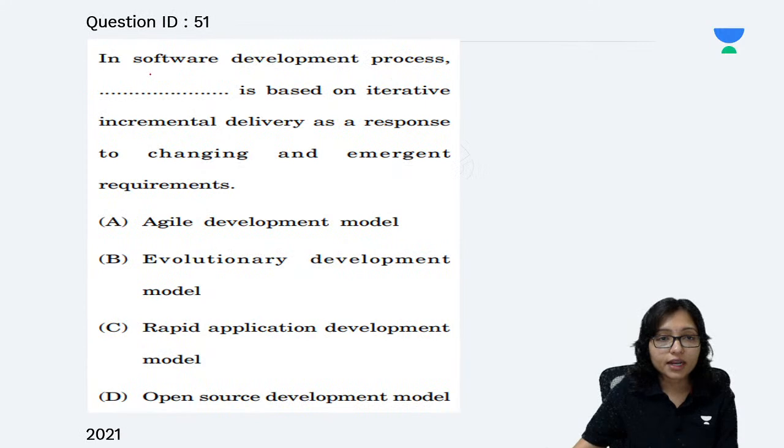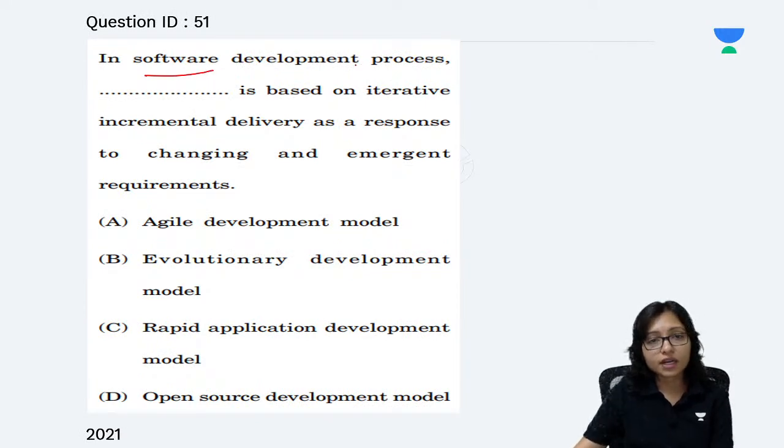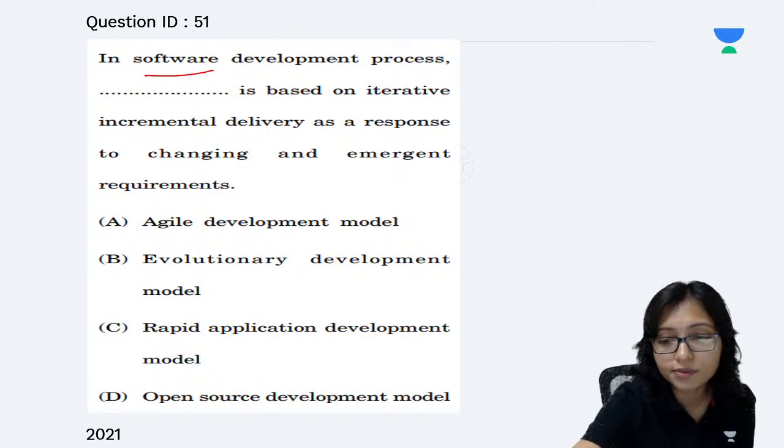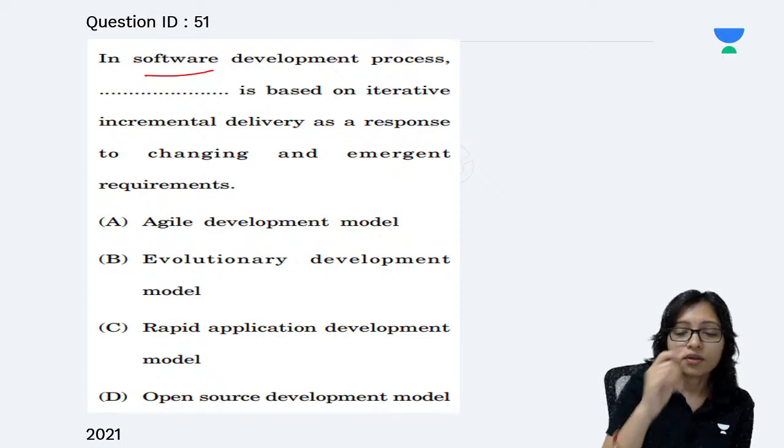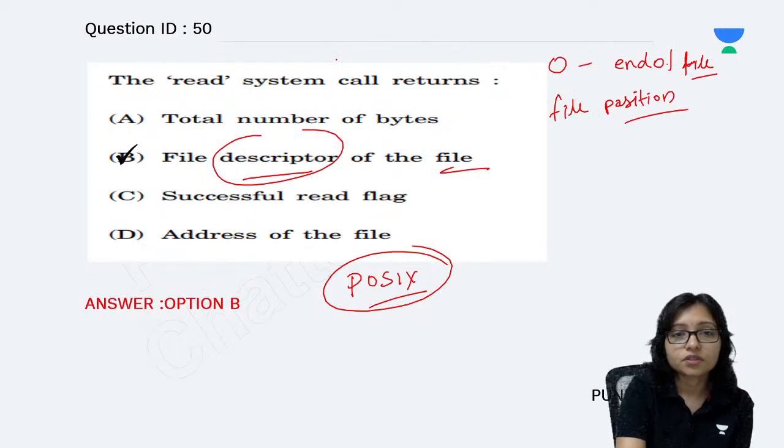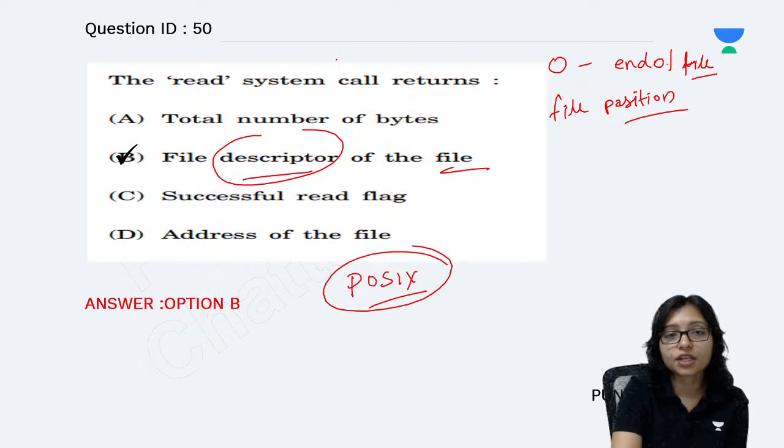Now in software development, here is the question on the software development process. Do this one. It is working on the file descriptor. Successful read flag.